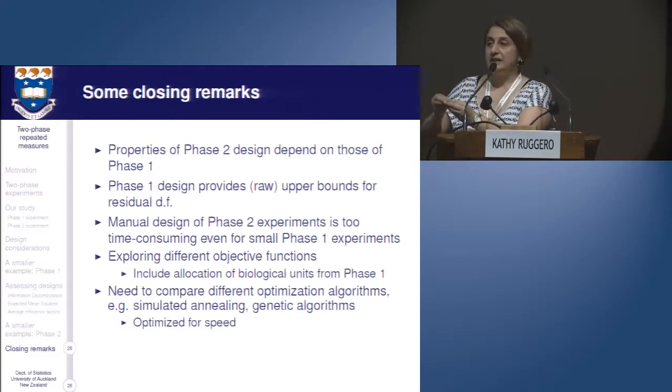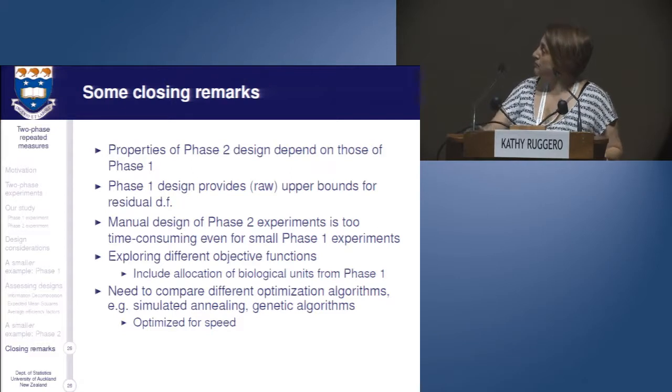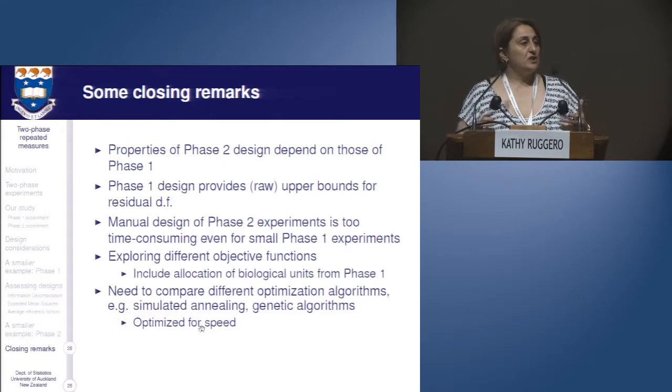So for the most part, what happens to the treatments will be defined once we allocate our experimental units to phase 2 blocks. The process is actually quite slow when we're trying to apply simulated annealing, so we need to consider what might speed this up, because although they look like small experiments, they're actually quite large. And that's about all I wanted to say today.